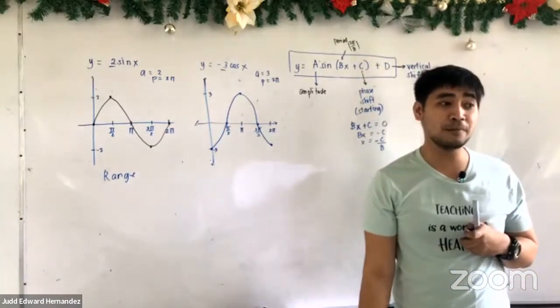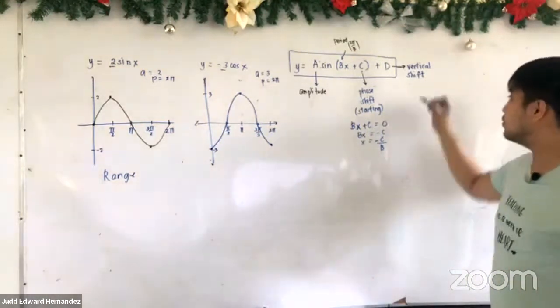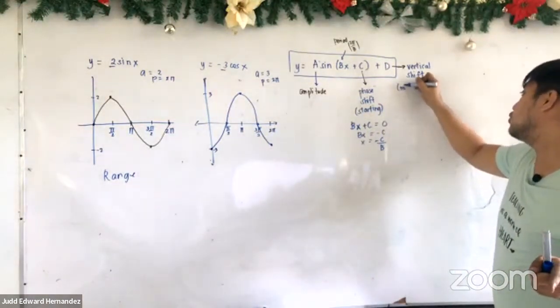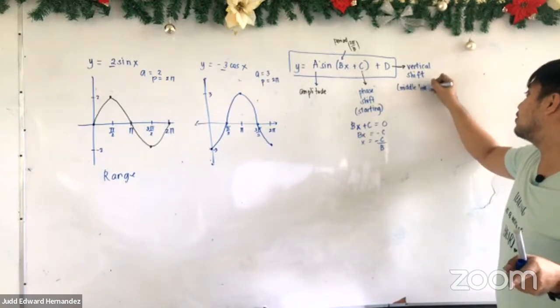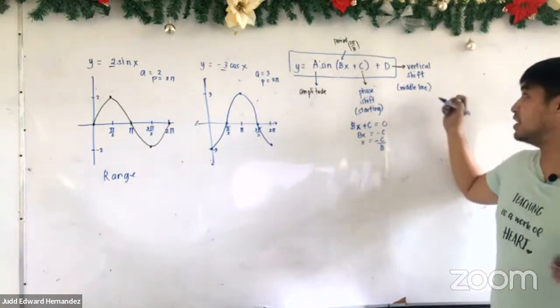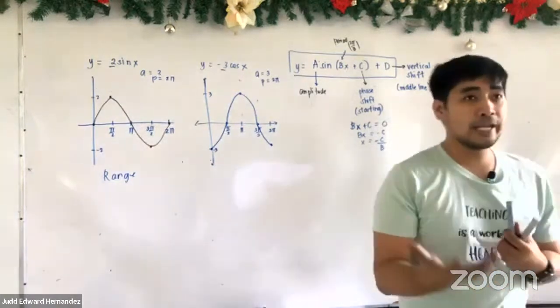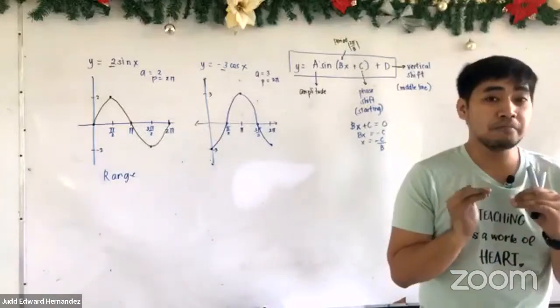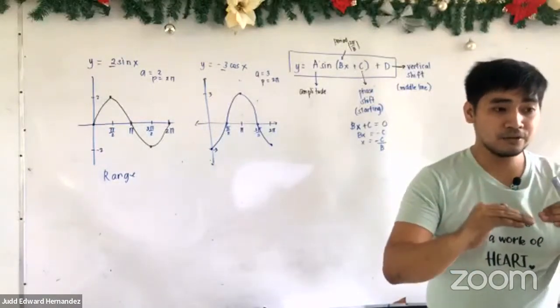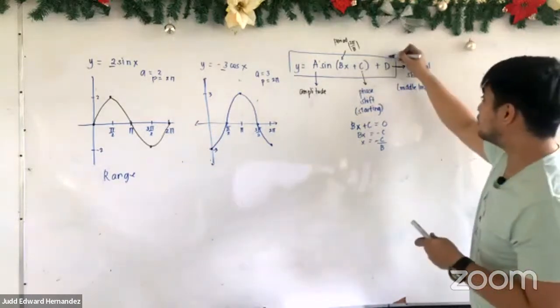Yung middle line po. Y value. Yung middle line nababago. It is not anymore 0. The middle line changes. Okay? So, yun po yung ibig sabihin ng vertical shift. Wherein, nasa-shift natin yung middle line. From 0, umaangat na siya or bumababa na siya. At nakadepende siya sa value ni d.